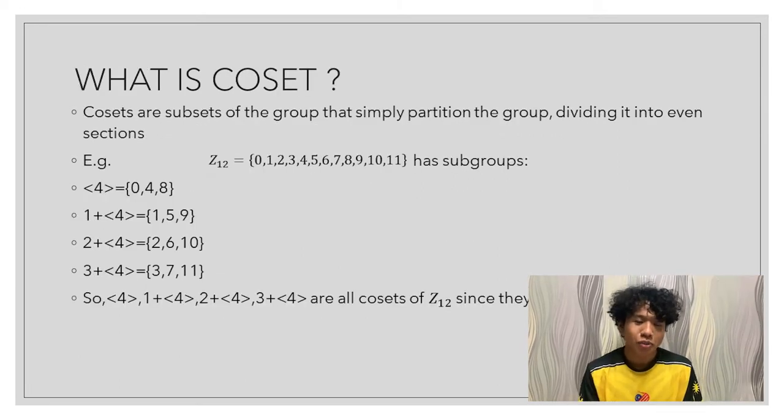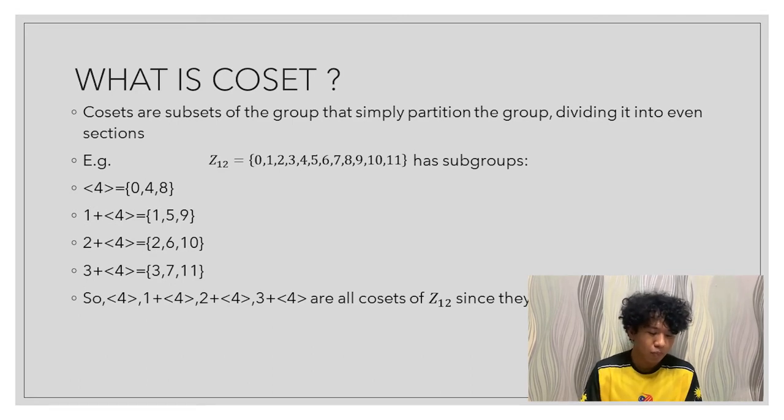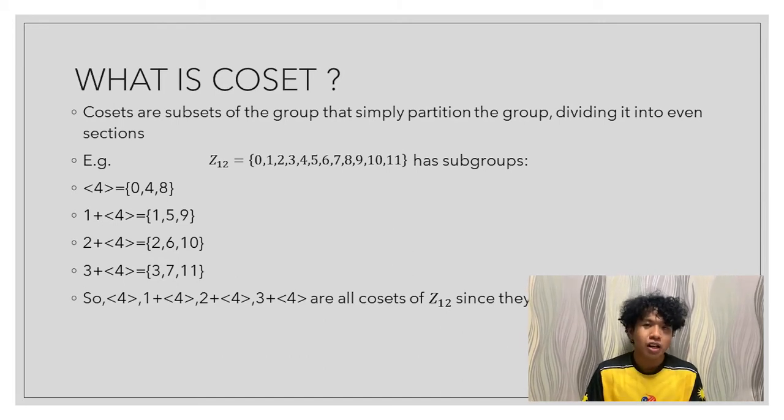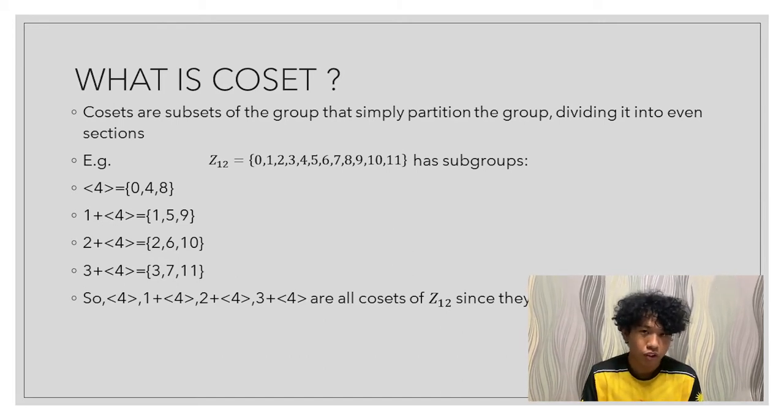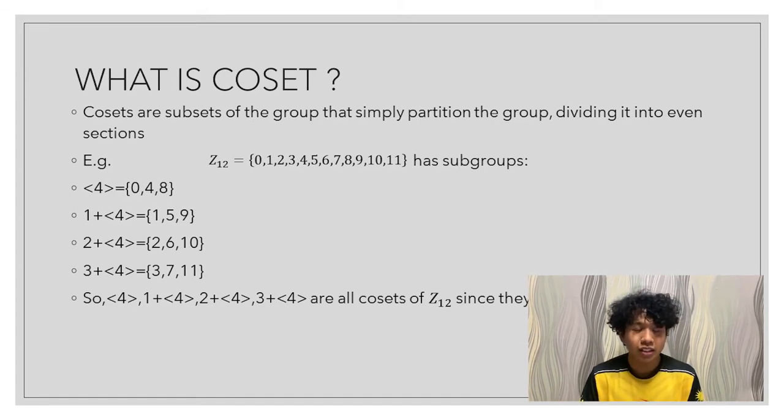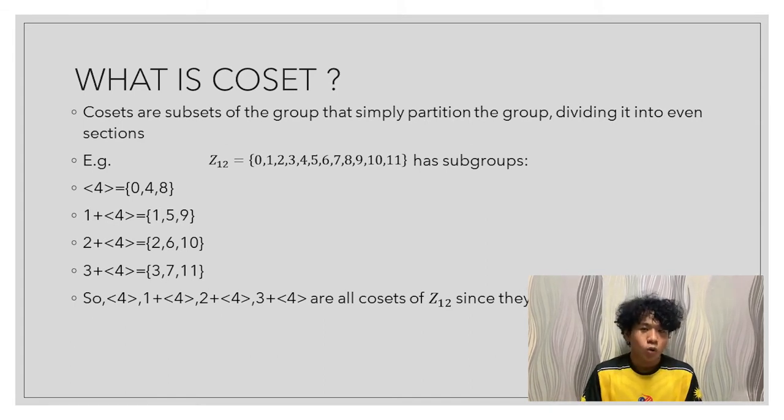Let's discuss more deeply. Cosets are subsets of the group that simply partition the group, dividing it into even sections. For example, if we have integers modulo 12, the elements are 0, 1, 2 up to 11. Let's say the subgroup generated by 4 is 0, 4, 8. When we add 1 to the subgroup, we get 1, 5, 9.